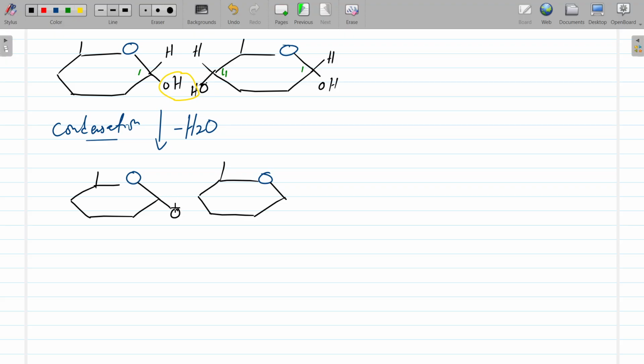And now you've got the numbering of the carbons. So just to highlight that, this is carbon 1, this is carbon 4, and this particular bond that is formed now is the glycosidic bond.